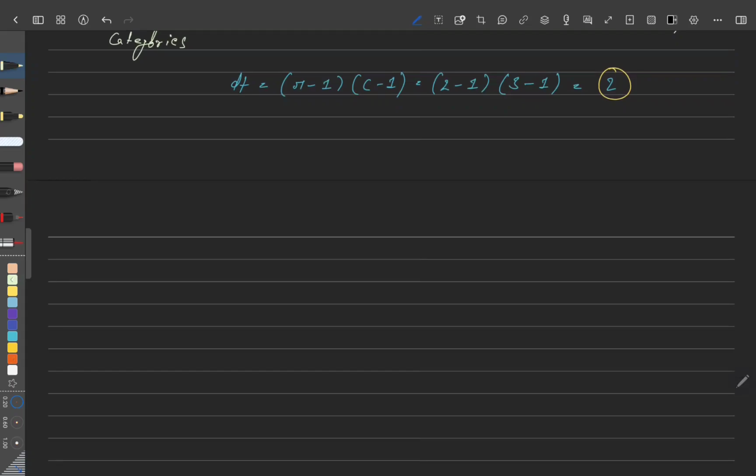Now what you need to also notice is that more degrees of freedom means that there are more chances of variation in your data.